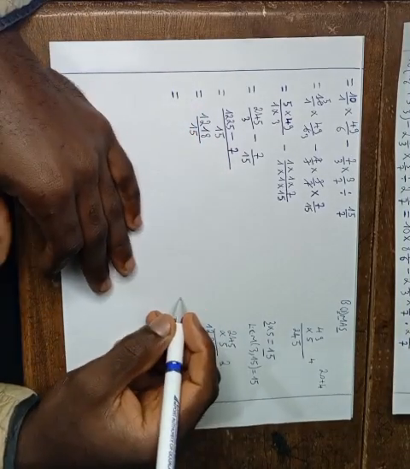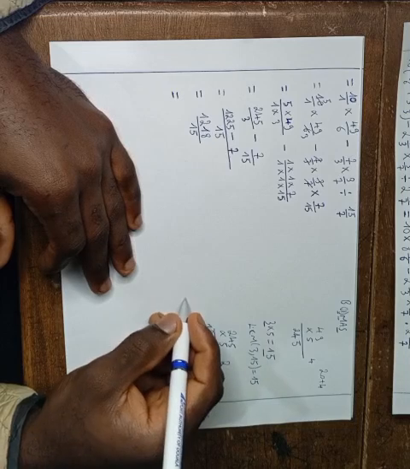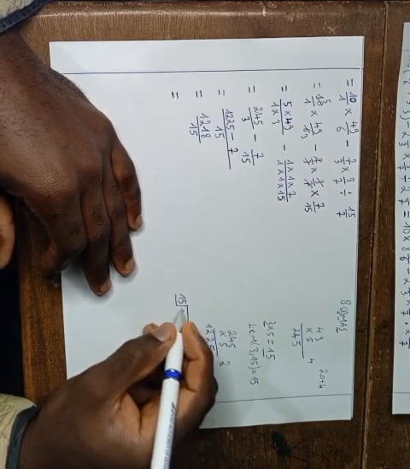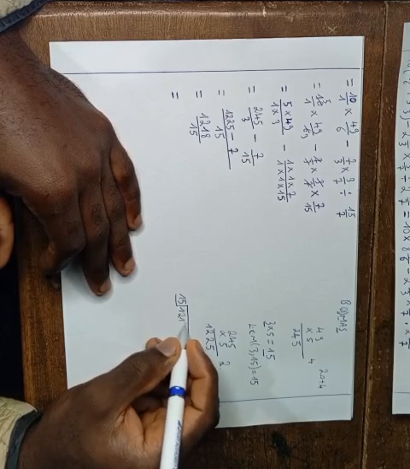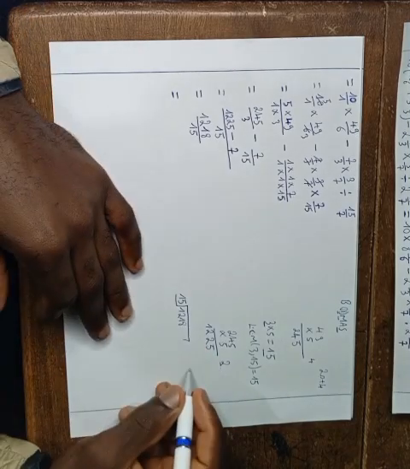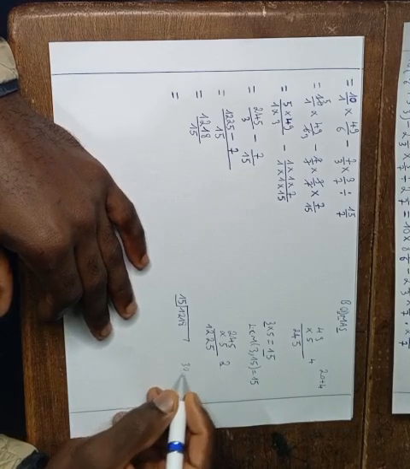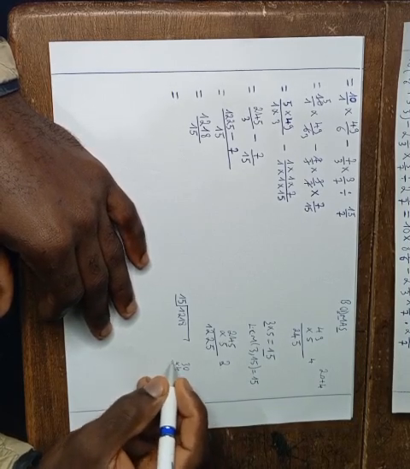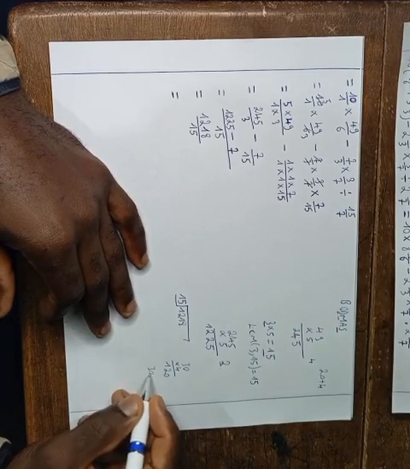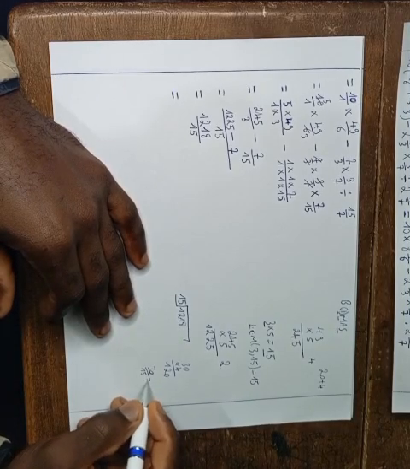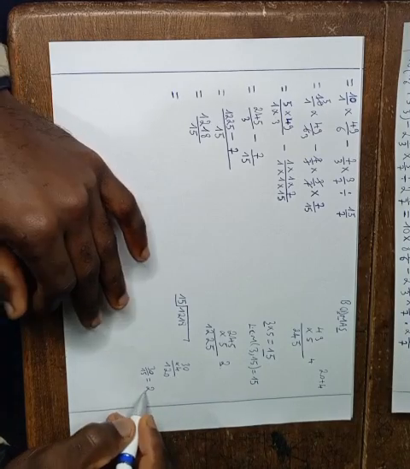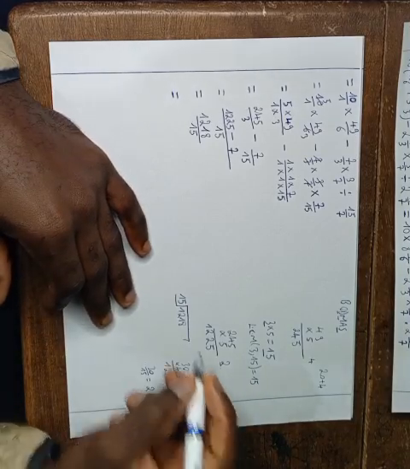If we divide 1218 by 15, we know if we take 30 times 4, it gives us 120. If we take 30 divided by 15, it gives us 2. So if we take 4 times 2, it gives us 8.